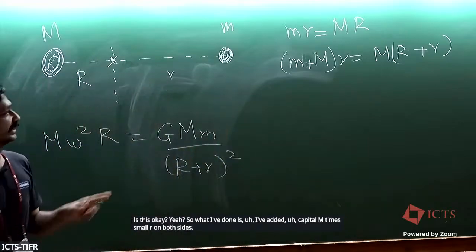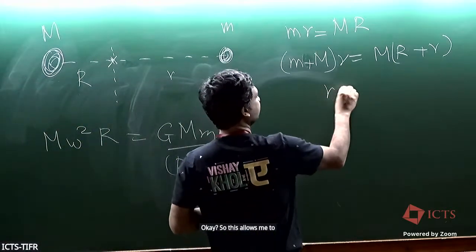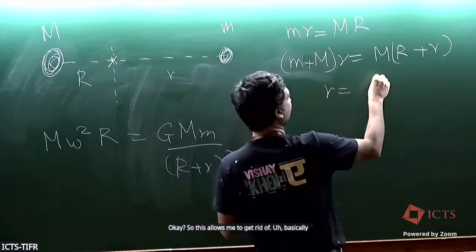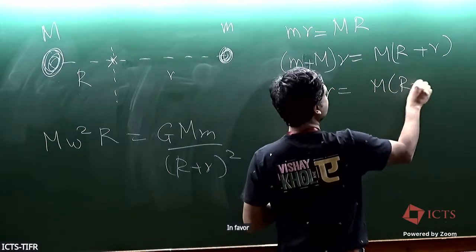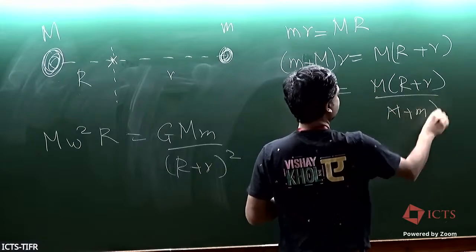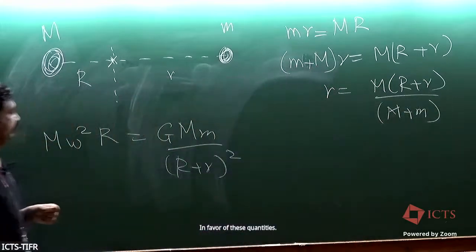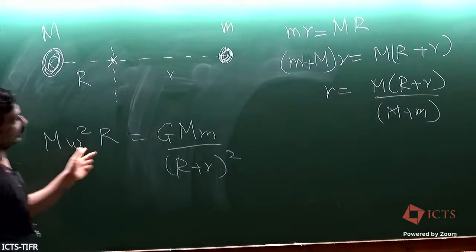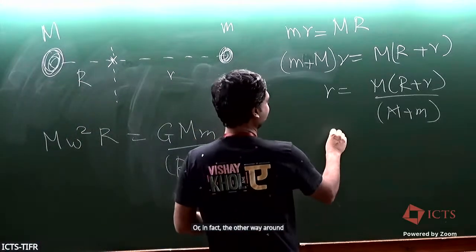This allows me to get rid of basically the small r in favor of these quantities, or in fact, the other way around, also for capital R.